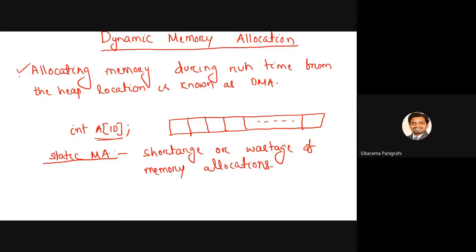Right? So in C, dynamic memory allocation can be achieved by using three functions. One is malloc, second one is calloc, third one is realloc. These are the three functions by using which you can dynamically allocate the memory.